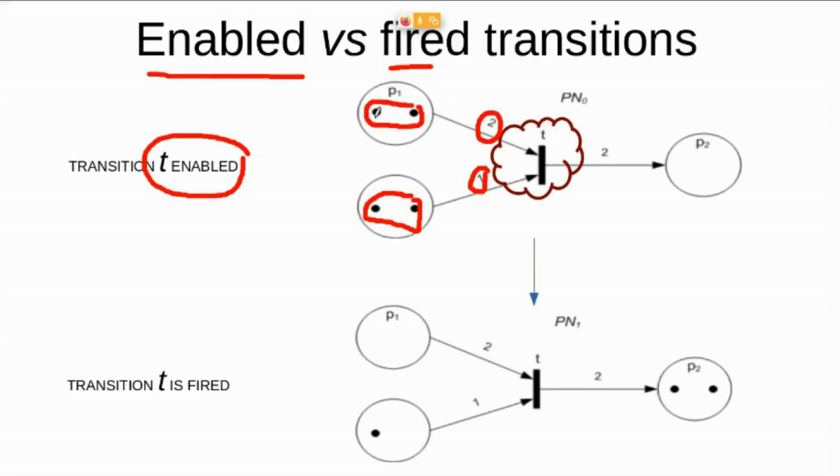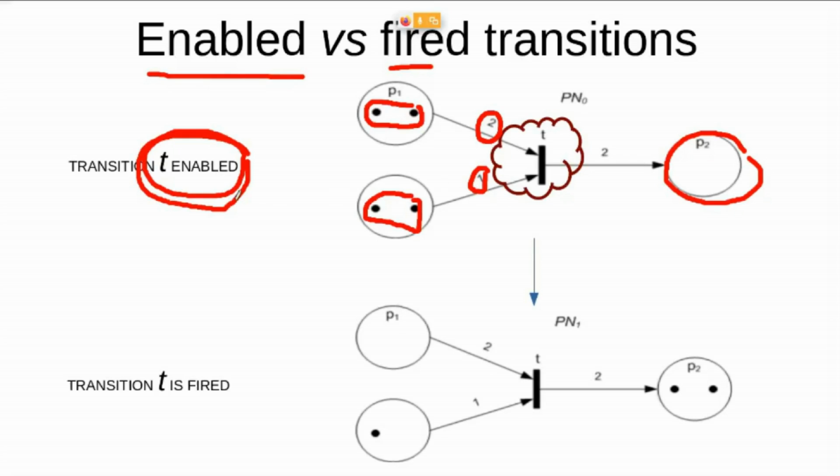Obviously, we have 2 tokens in here, so there are enough tokens for this condition, and obviously here we have enough tokens for this condition because we have at least 1 token. So now we say that transition T is enabled. So at any moment, the system will change into the new stage. That's the meaning of enabling a transition.